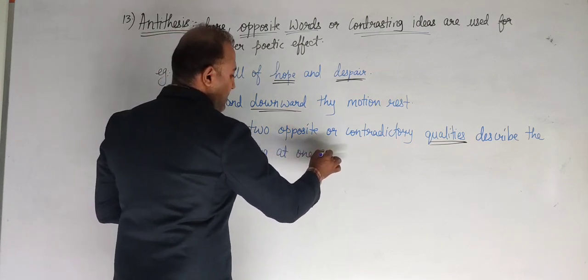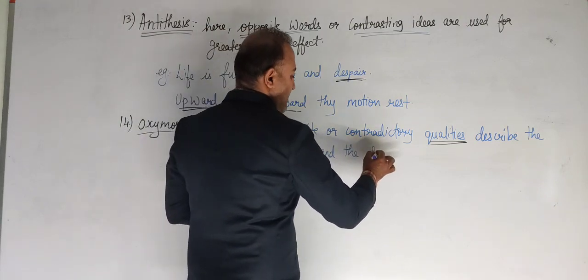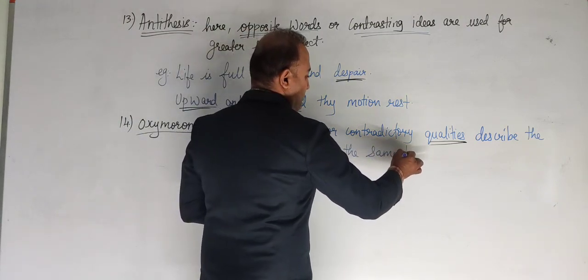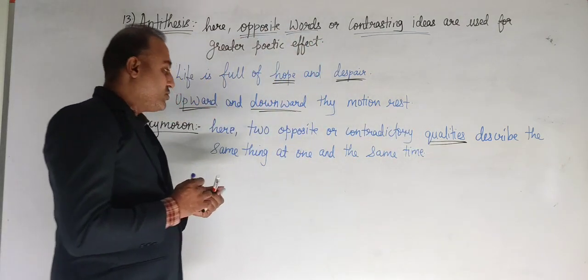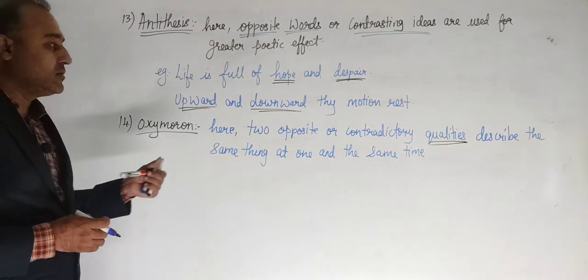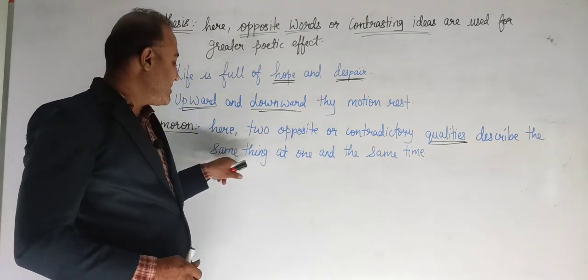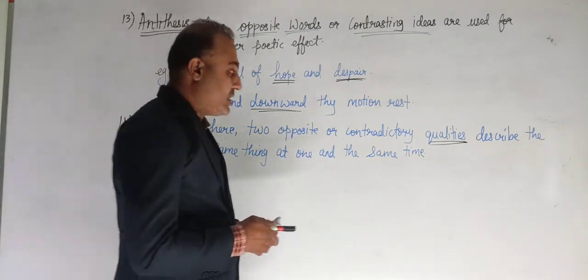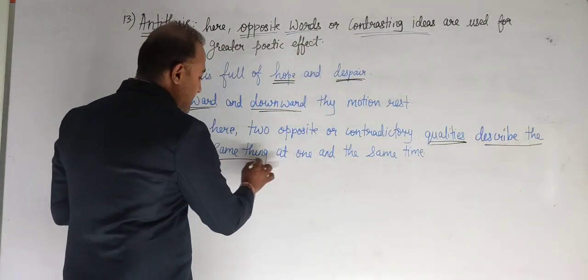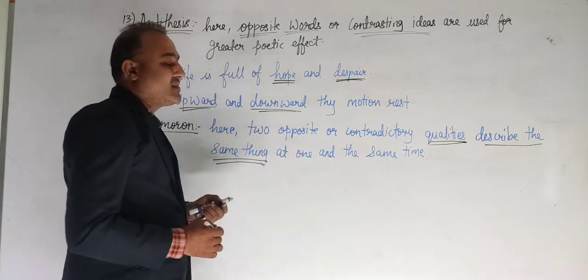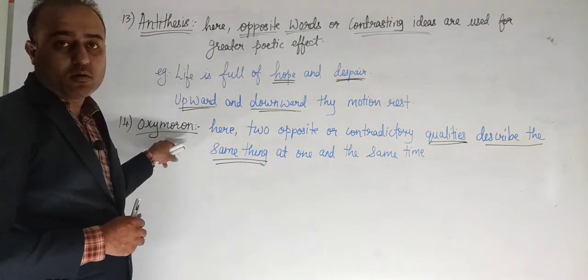So usually when two opposite or contradictory qualities describe the same thing, right? We need to understand this. Describe the same thing at one and the same time. The figure of speech used is oxymoron.